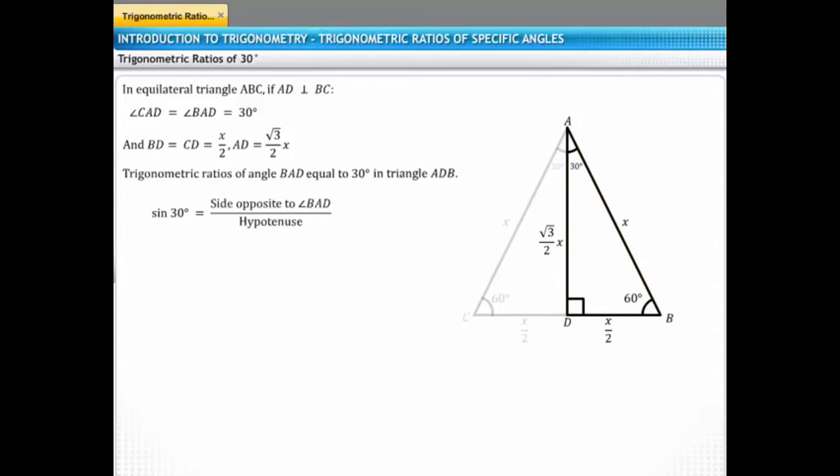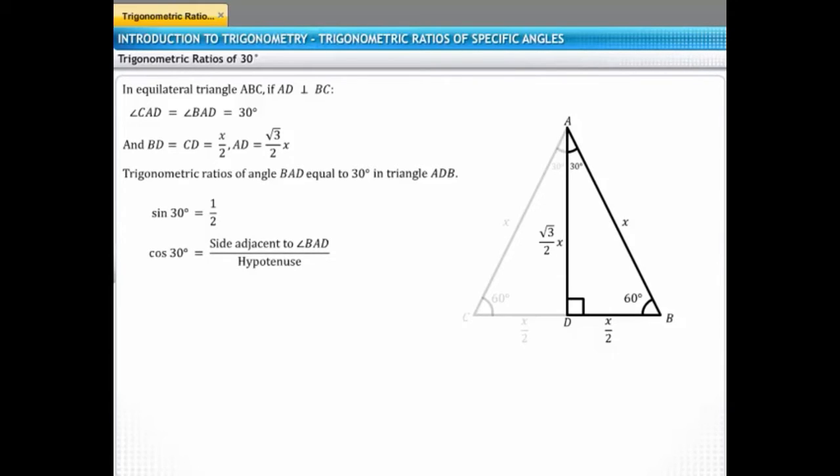Sin 30 degrees is equal to the ratio of BD, the side opposite to the angle BAD, and the hypotenuse AB. Putting in the values of BD and AB, we get sin 30 degrees as 1 by 2.